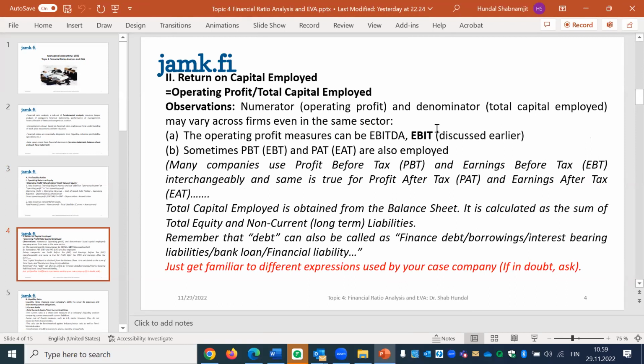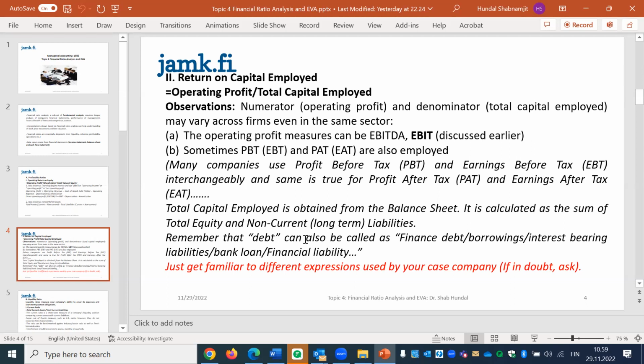So therefore, nothing much changes here. The only thing is that the denominator is replaced by total capital employed, which includes the debt as well. And by debt, we mean the long-term debt. We don't include the short-term debt because that is more for operating purposes, like day-to-day operations. Because with short-term debt, you can't make a big investment, but with long-term debt, yes, you can.